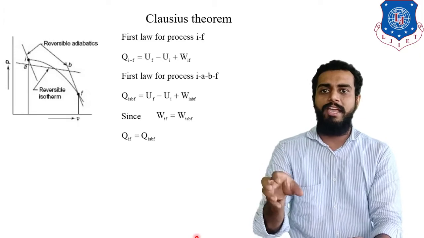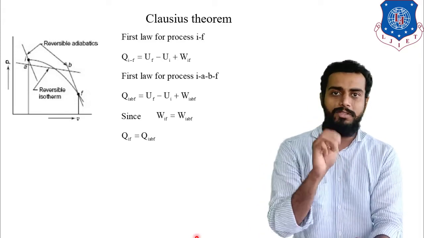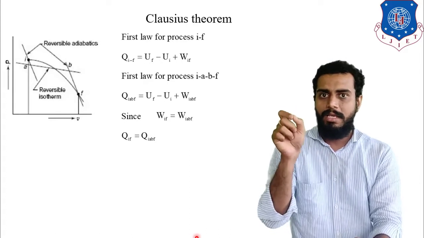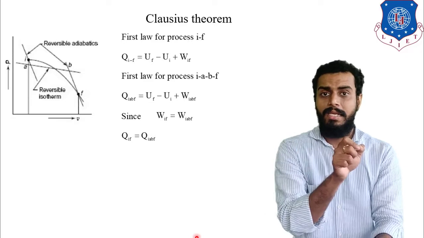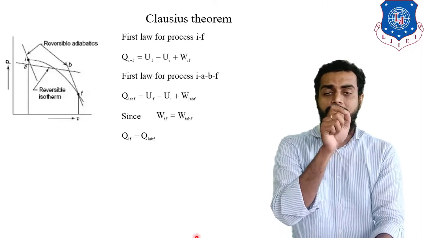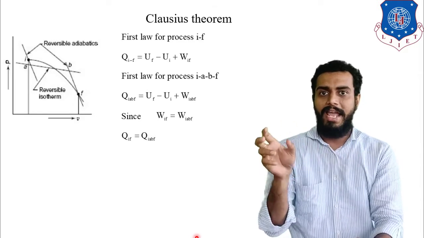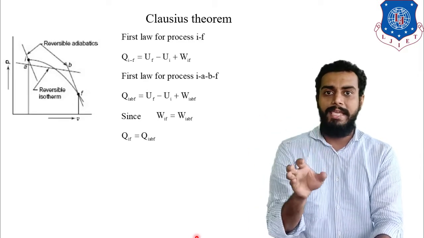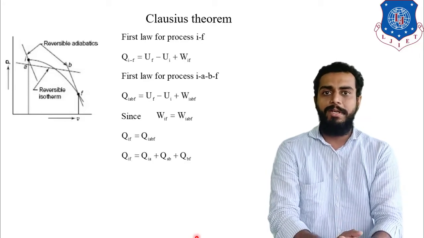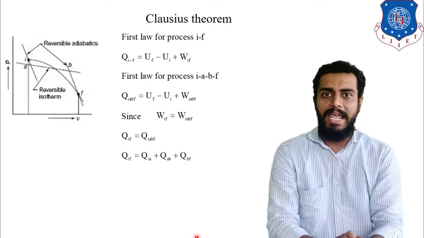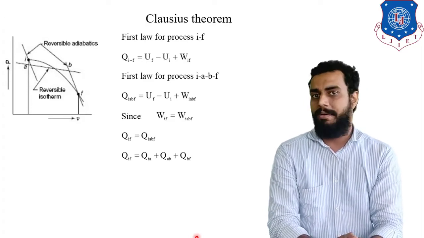Let us do that on the right hand side of the equation. So you can write QIF is equal to, now QIABF consists of three processes. First is IA, that is reversible adiabatic. Second is AB, that is reversible isothermal. Third is BF, that is again reversible adiabatic. So I can write QIF is equal to QIA plus QAB plus QBF. Now here you will appreciate students that IA and BF are nothing but reversible adiabatic processes.